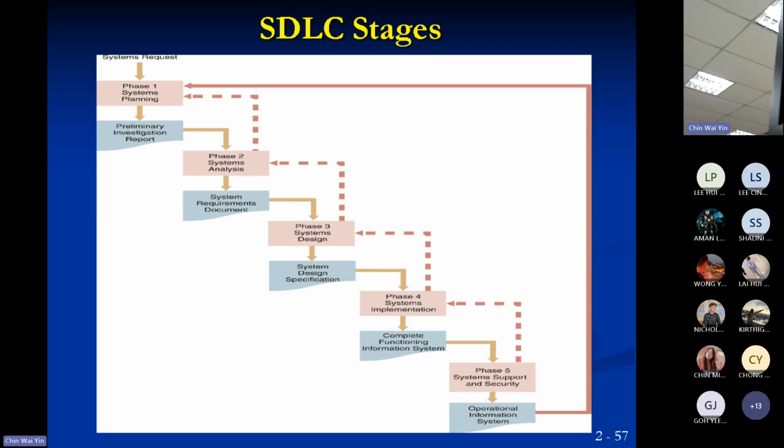So the preliminary investigation report will be the input for the next phase, which is systems analysis. Now, this will be a more detailed analysis. Phase one is just a preliminary investigation about the feasibility of conducting this system development.